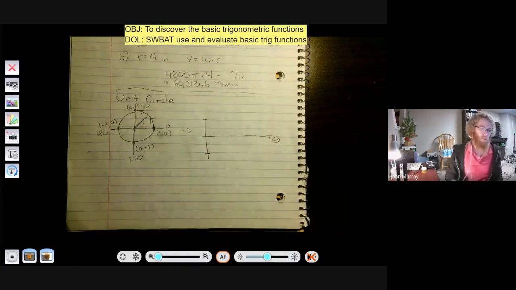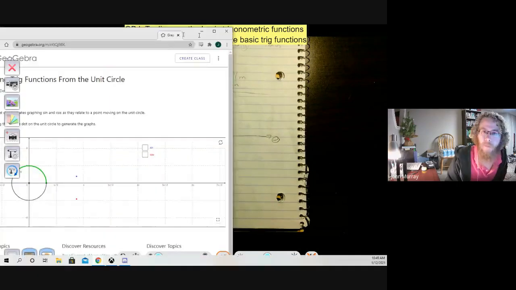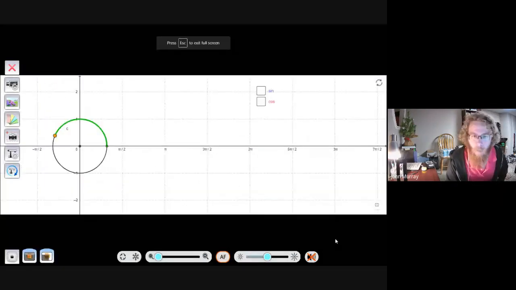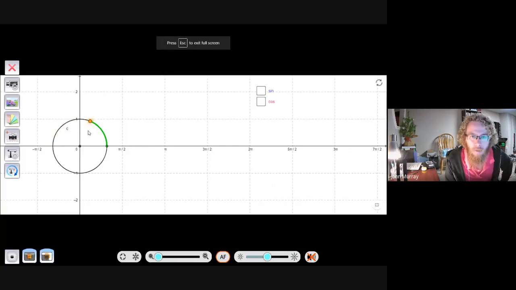I do have a visual for this. All right, so I'll put this up with our notes today, so you guys can play with this later. Right, so here we have our particle, this yellow dot, and it's going to be traveling around in a circle.